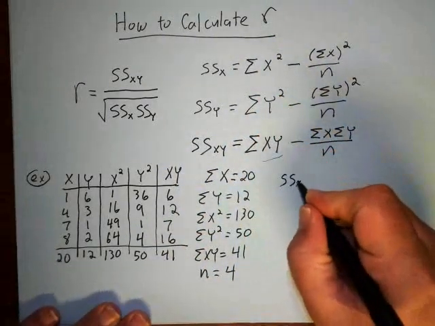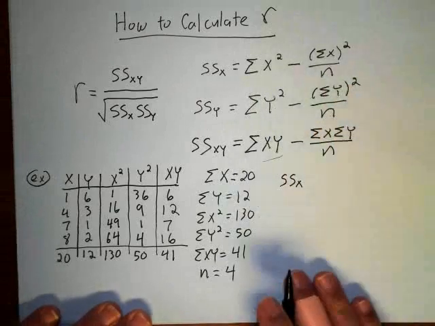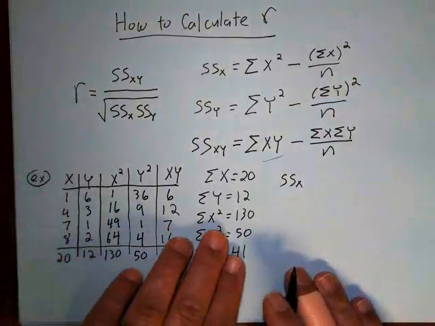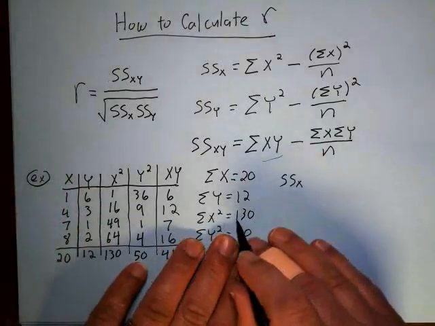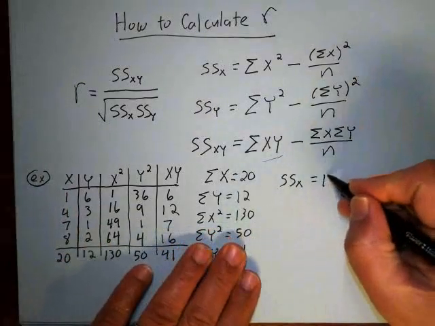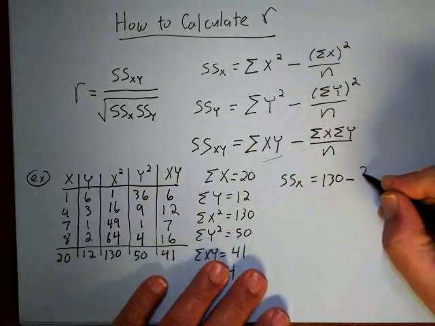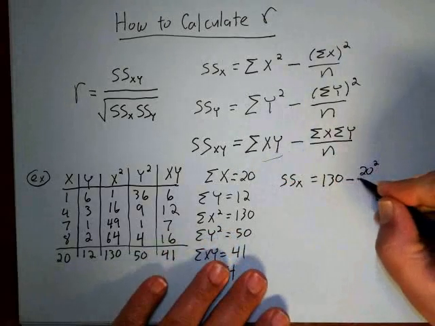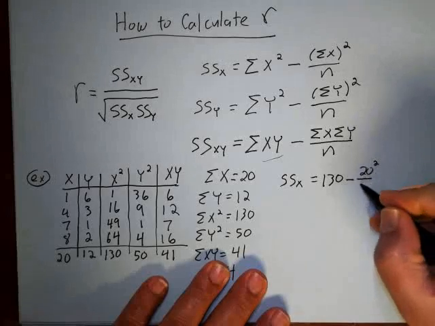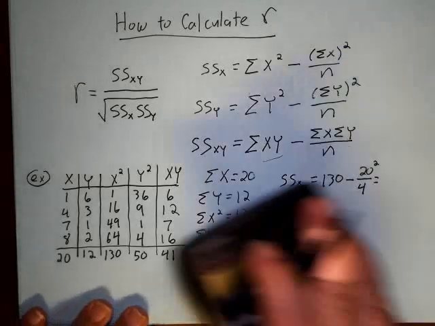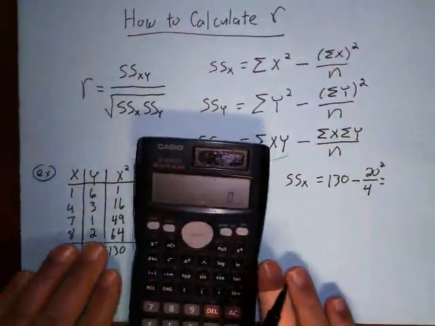So SSX, this is just like doing the standard deviation for these x values, right? The numerator: you have the sum of x squared is 130, and then you subtract the sum of x, that quantity squared, divided by n, and n is 4. Okay, so I'm going to put these in my calculator.